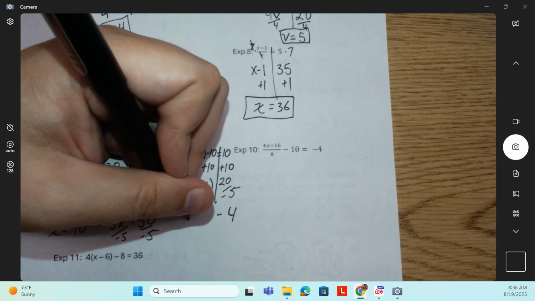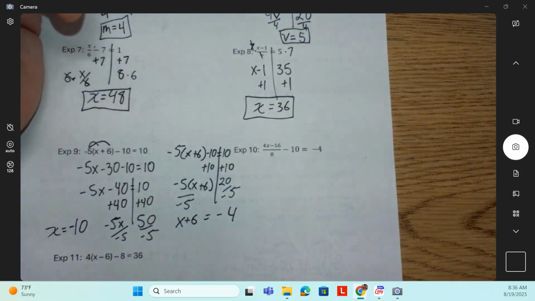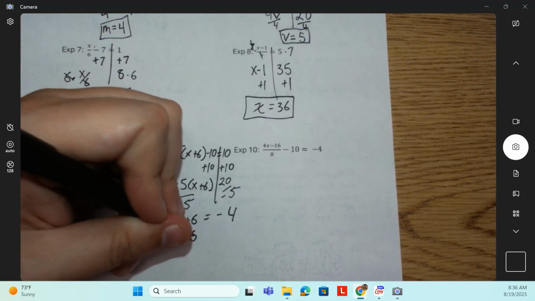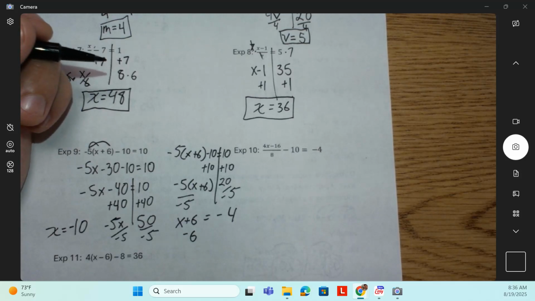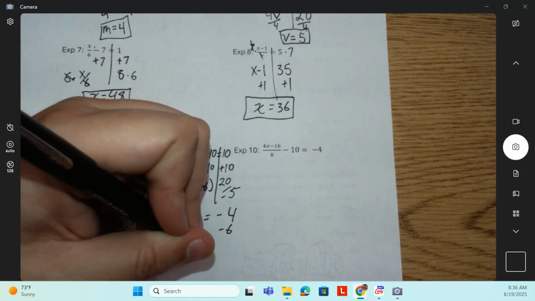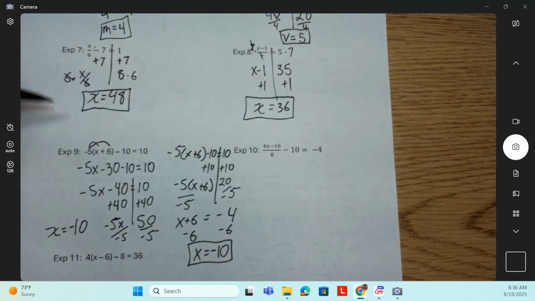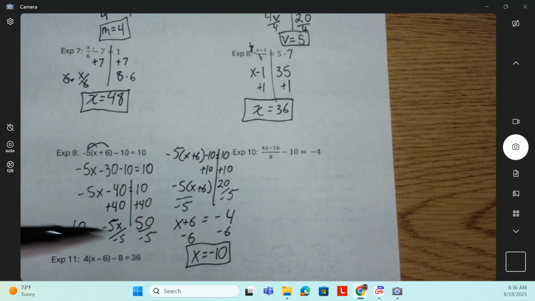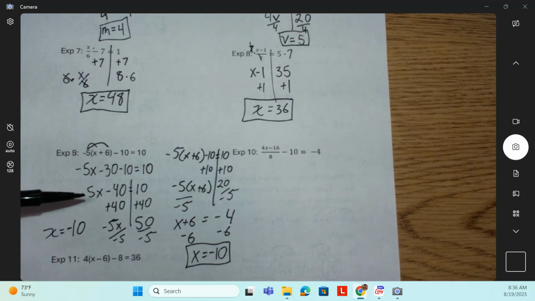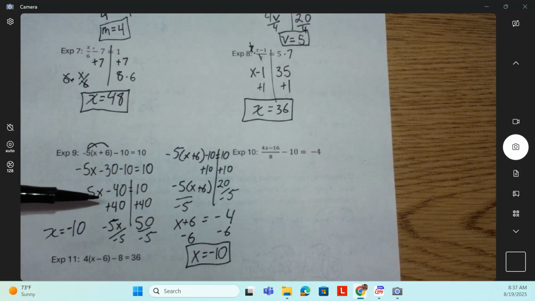And so I'm down to having x plus 6 equals negative 4. And my last step there would be to subtract 6 from both sides to ultimately give me x equals negative 10. So either way I work that out, I've got about the same steps. It's one of those, if you see it one way versus another way, it might make a little more sense to you. So whichever way you work it out absolutely works.